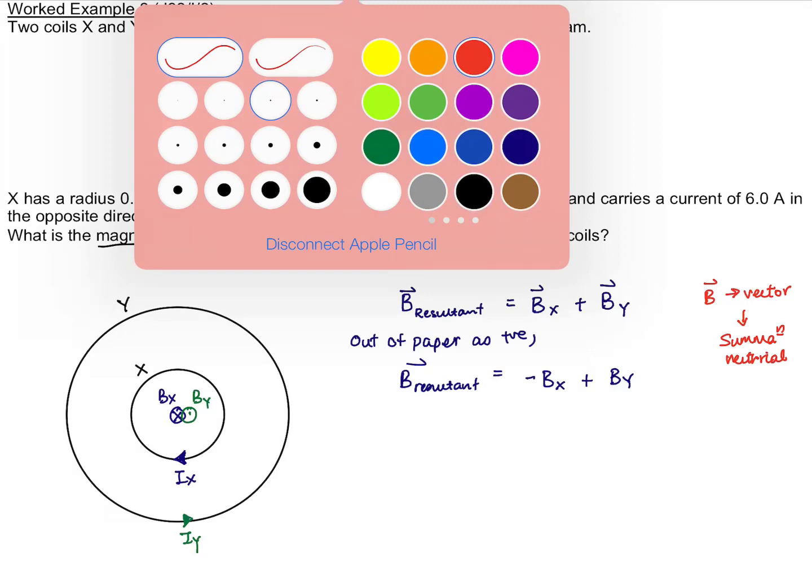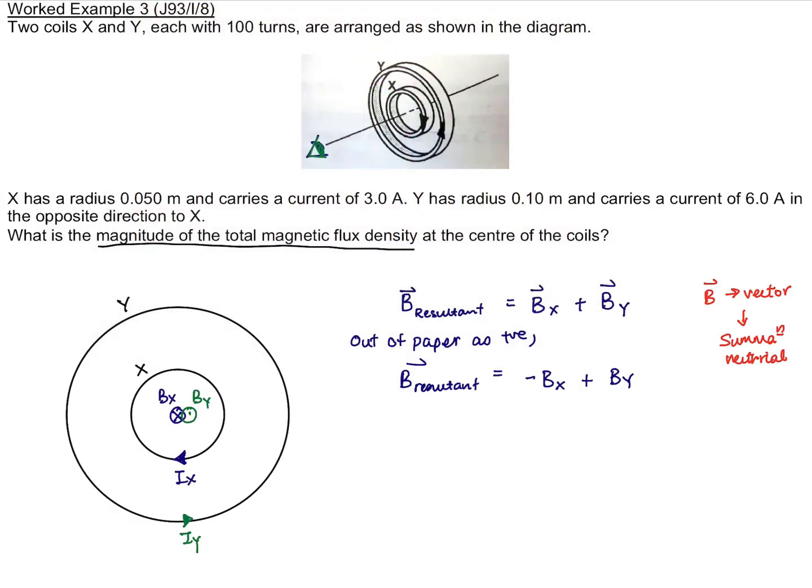The next concept we need to know is what is the magnitude of Bx. We know for a coil, the magnetic field is given by mu naught n I over 2r, where r is the radius of the coil.